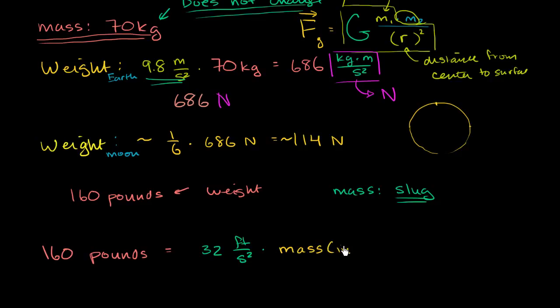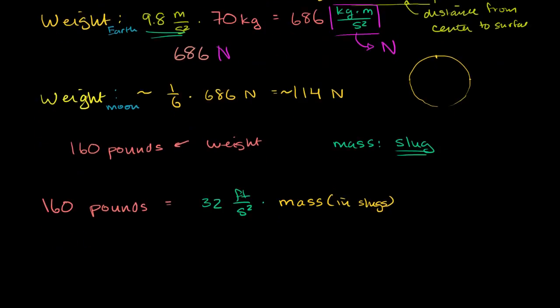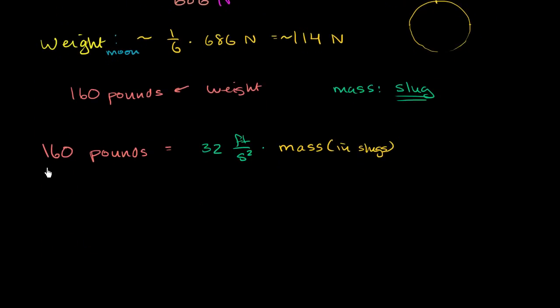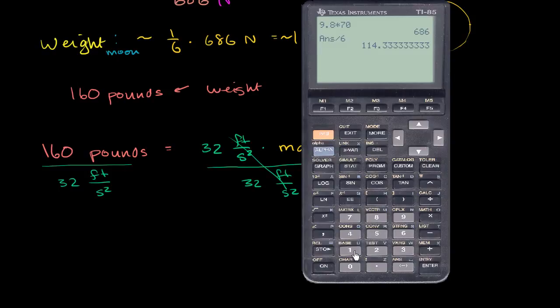In slugs. So to figure it out, you divide both sides by 32 feet per second squared. Let's do that. It cancels out. And then let me get my calculator out. So I have 160 pounds divided by 32 feet per second squared, and I get exactly 5.